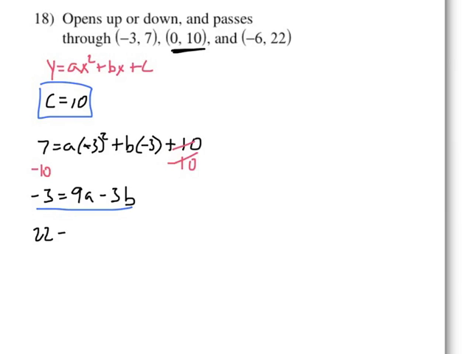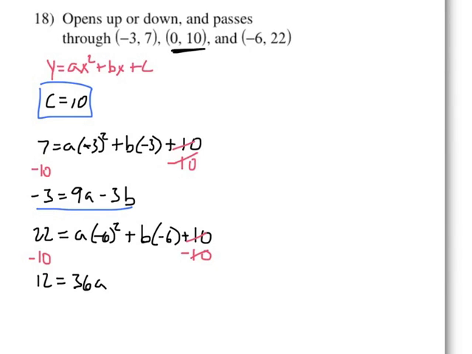So 22 equals A times -6 squared plus B times -6 plus 10. We subtract 10 from both sides. So I have 12 equals, well, -6 squared is 36A minus 6B. There's our second equation using A and B.